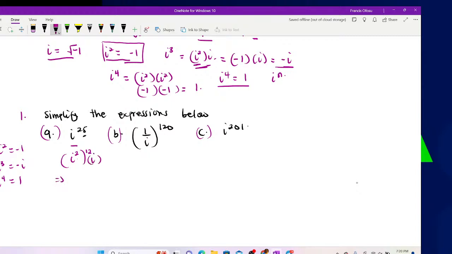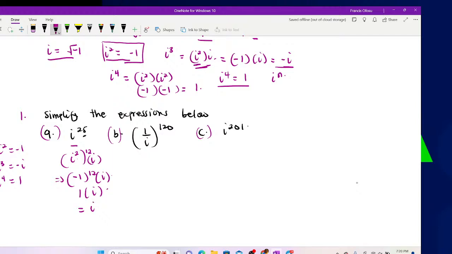So you have I squared to the power 12 multiplying I. We all know that I squared is equal to -1, so you have -1 to the power 12 multiplying I. If you have -1 to the power of an even number, we get 1 multiplying I. So I to the power 25 is simply equal to I.